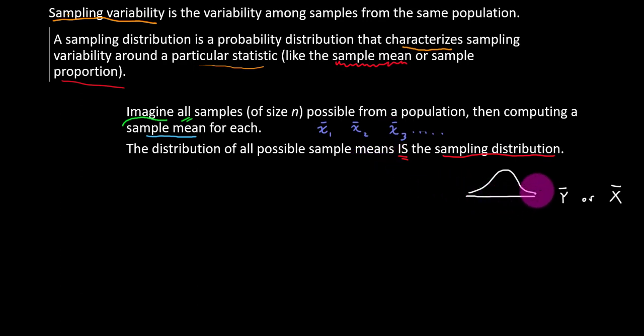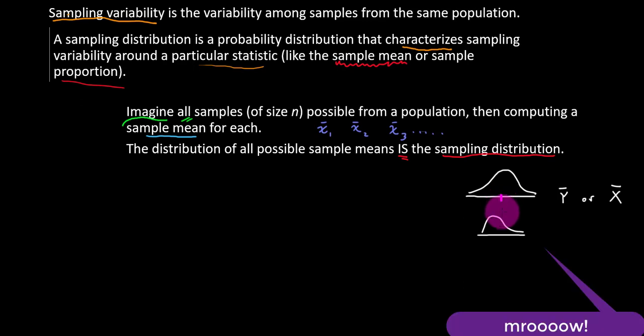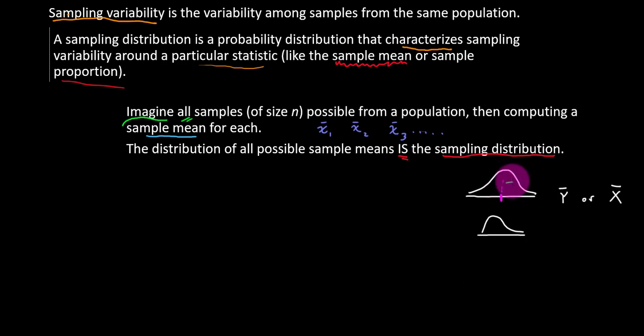And we want to know how this distribution looks. It could be skewed as well. We'll talk about that. But we like it when we're working with bell-shaped distributions, right? And we want to talk about where the center would be located, and could we put a number there or some characteristic there? And we would also like to know how spread out this distribution of all possible sample means is.